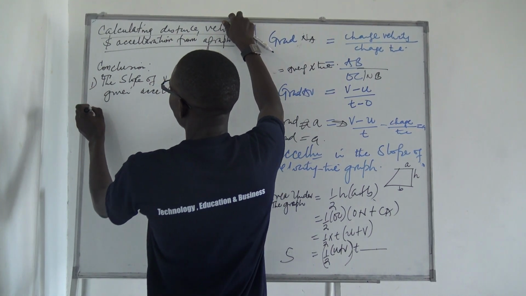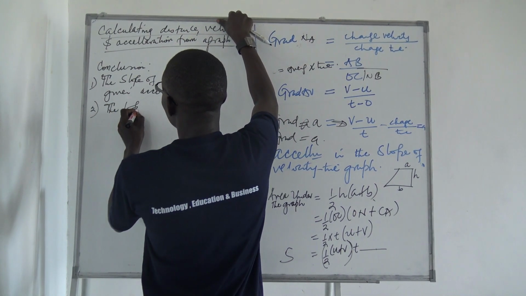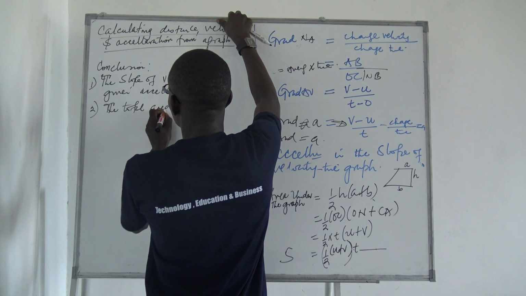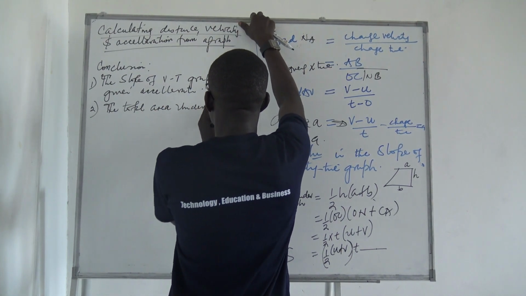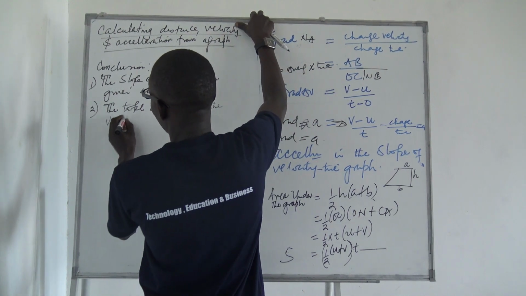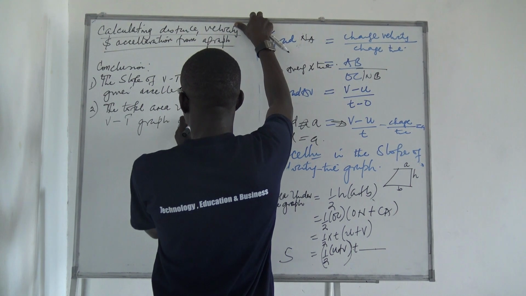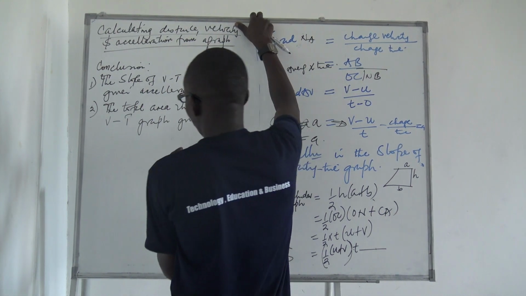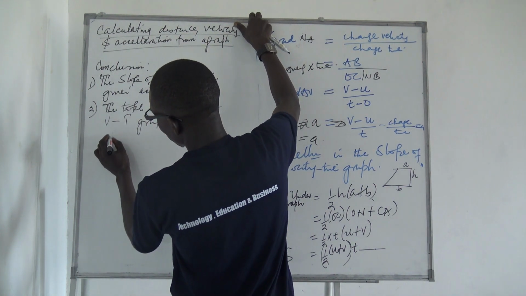Two, the total area under the velocity time graph gives the distance covered.